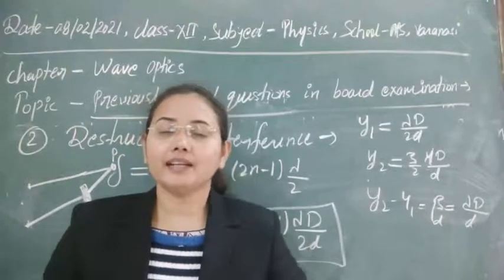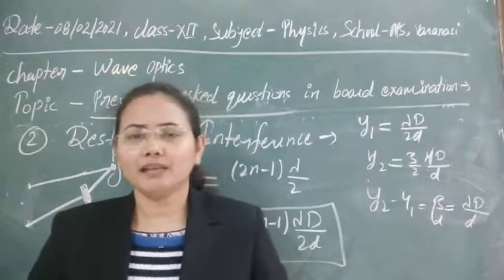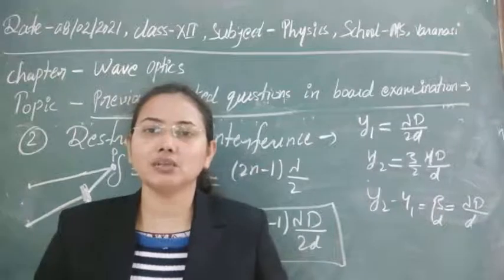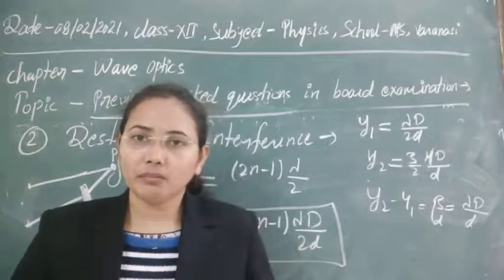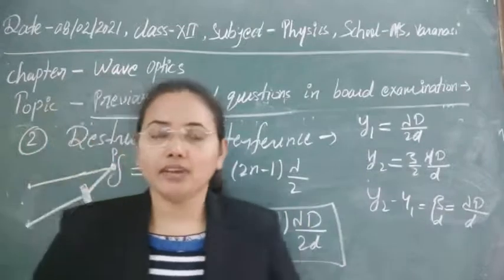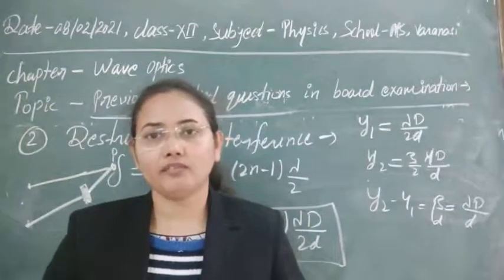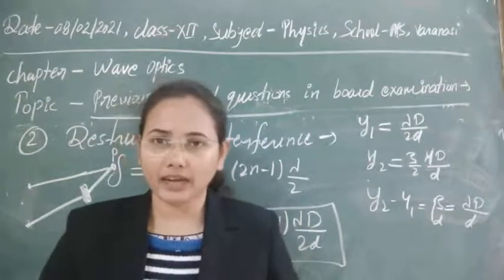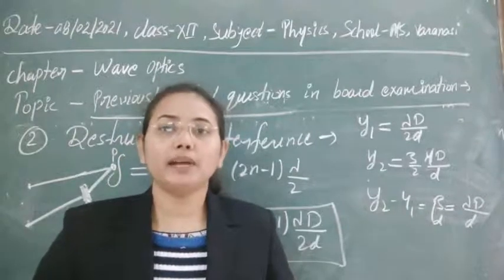If it is greater than the wavelength of light, then obviously light will pass easily through it. But if the size of the obstacle is of the order of the wavelength of light or less, then it will be diffracted.